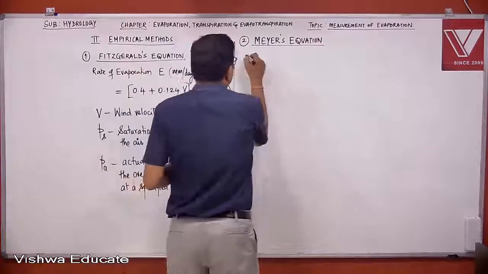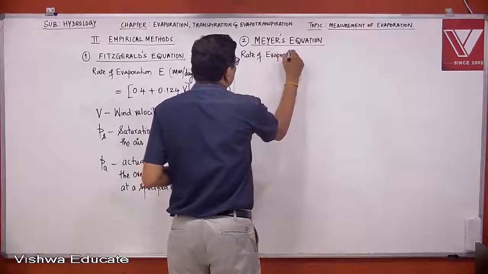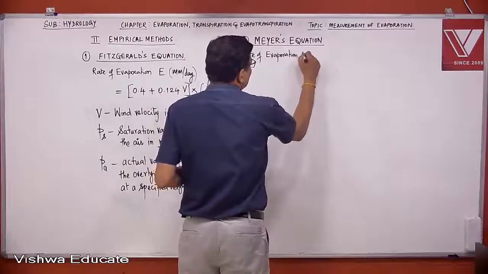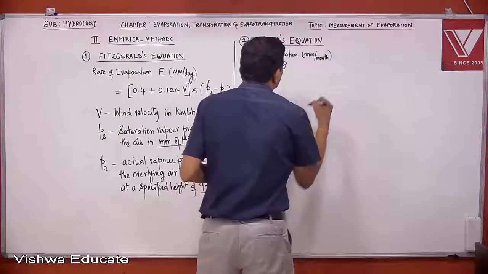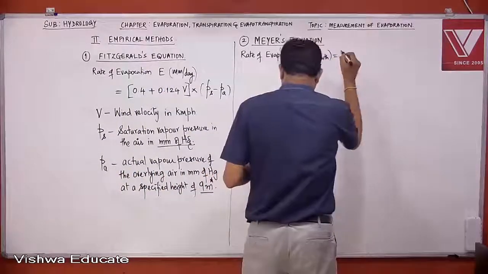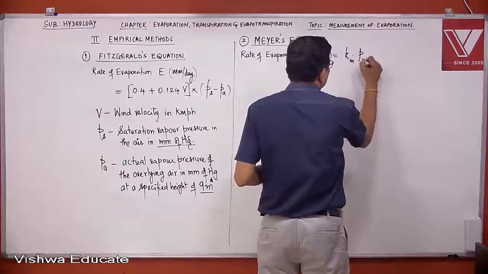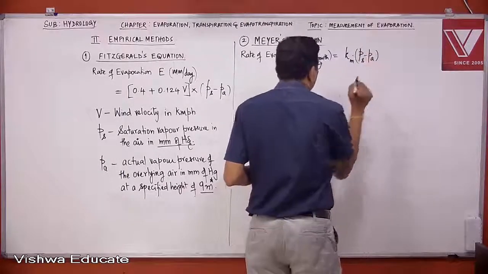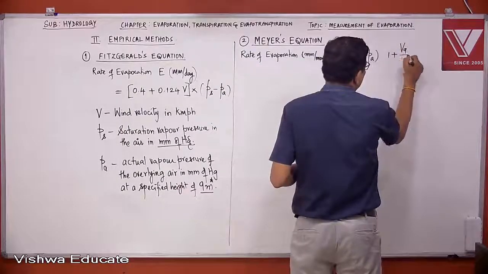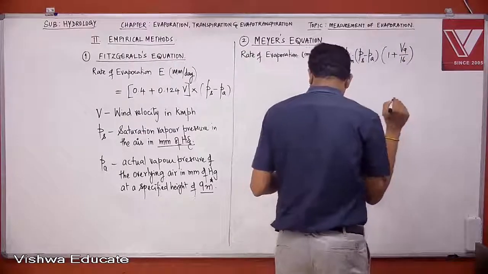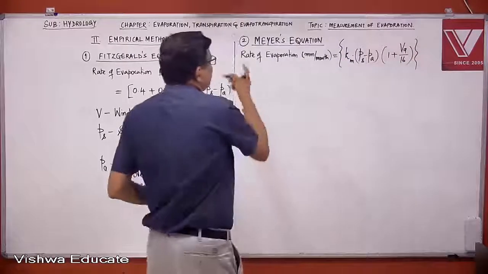This also gives us the rate of evaporation in millimeters per month, actually, here is equal to, and let me write down, this is K into (PS minus PA) into one more factor, that is (1 plus V9 by 16). Okay, so this is Meyer's equation.